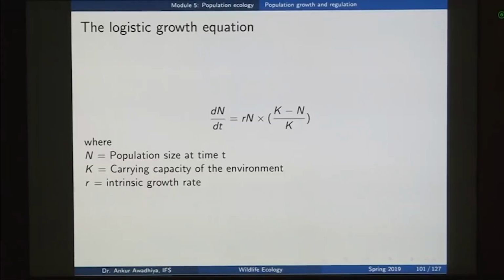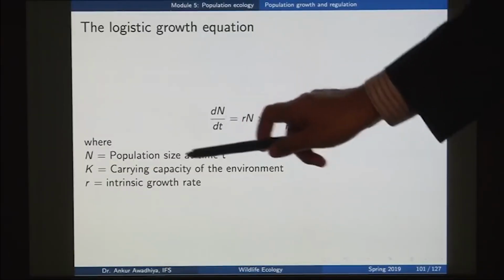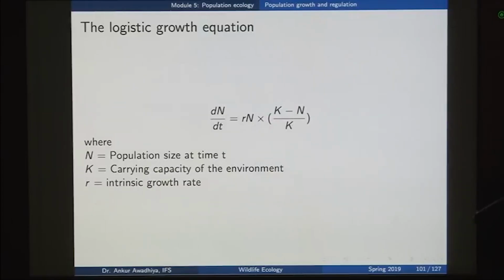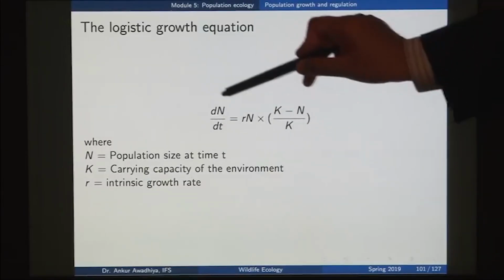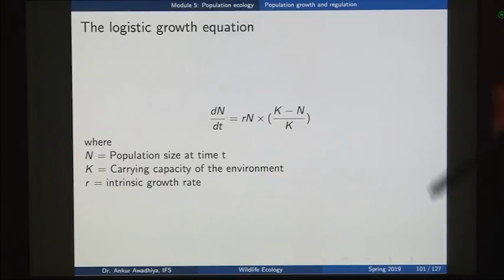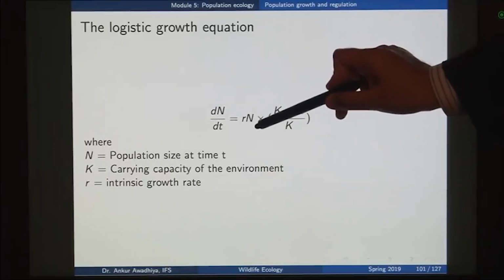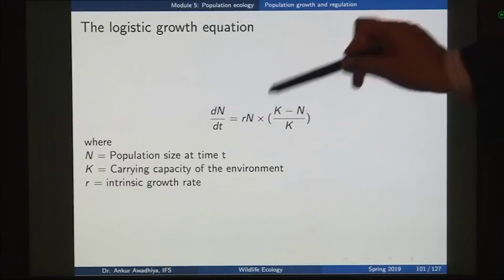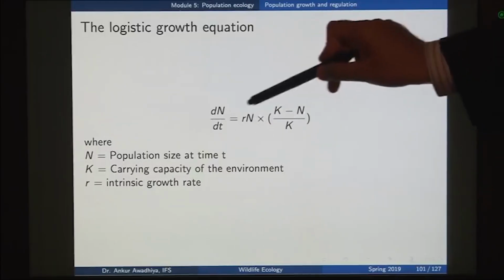Now, to put that mathematically, we use this curve, which is known as the logistic growth equation. Now, this says if n is the population size at time t, the rate of increase in n, that is dn by dt, is given by r into n. So, r is the rate of growth or intrinsic growth rate into n.